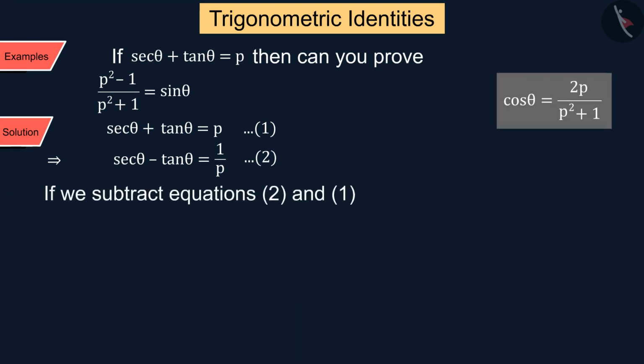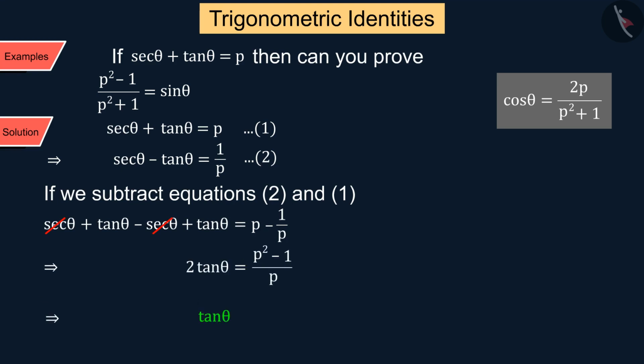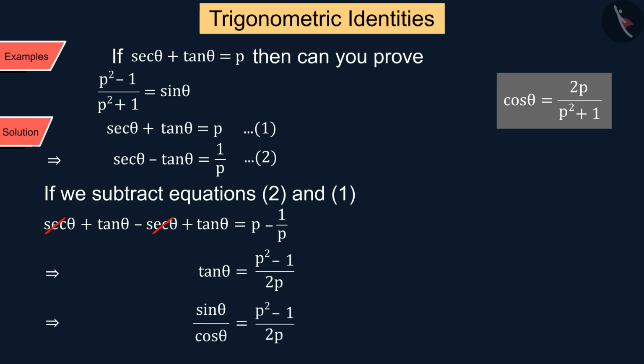Similarly, if we subtract equation 2 from equation 1, we get tan theta is equal to p square minus 1 upon 2p, where we change tan theta into sine theta upon cos theta.